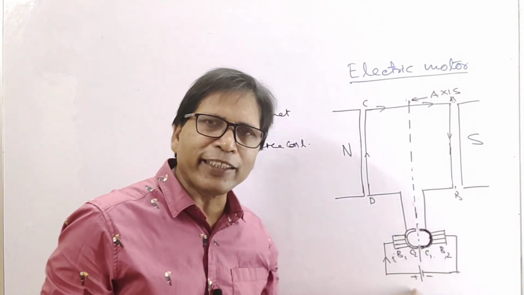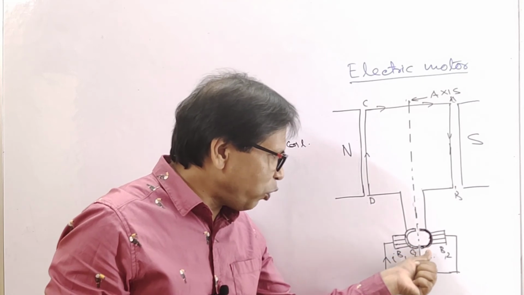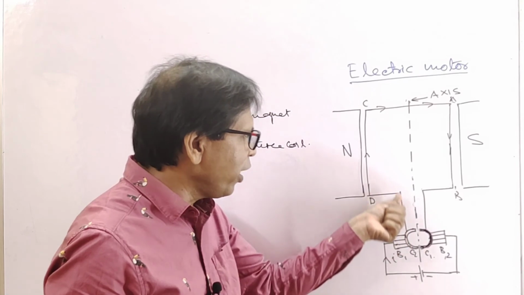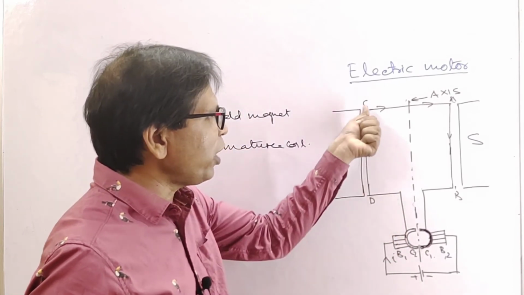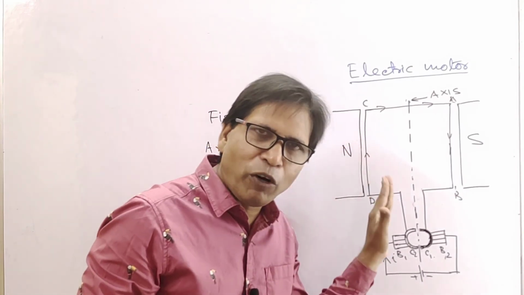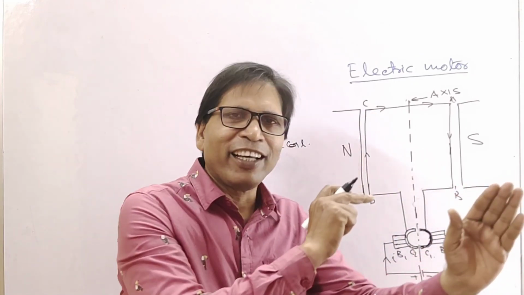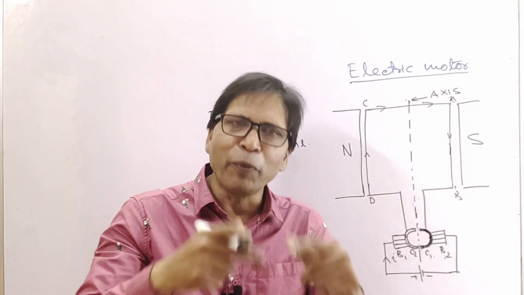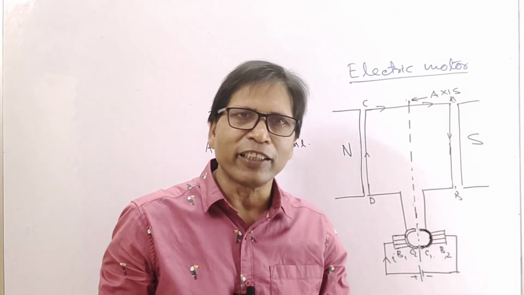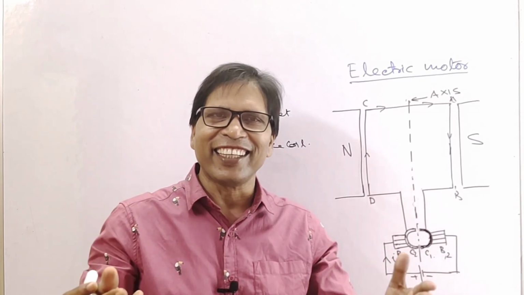Now, after half rotation, B1 is in contact with C2 and C1 is in contact with B2. So the direction of current is B1 to C2, then from D to C to A and B. Here CD experiences an inward force and AB an outward force. So it keeps turning. At every half rotation, the direction of current in the armature coil changes. So the armature coil rotates continuously in the same direction.